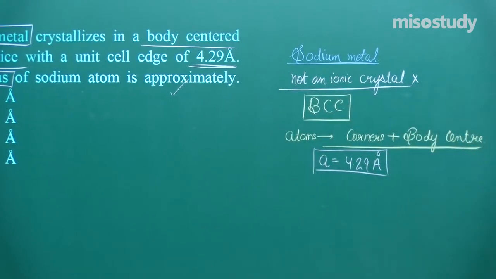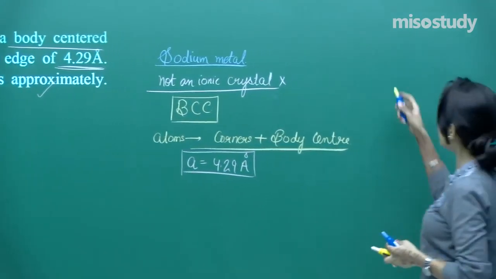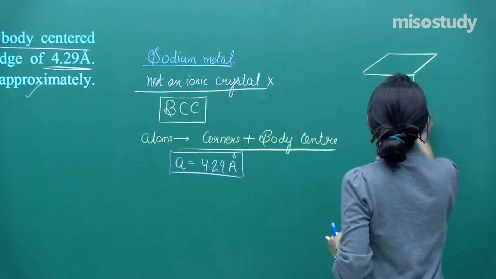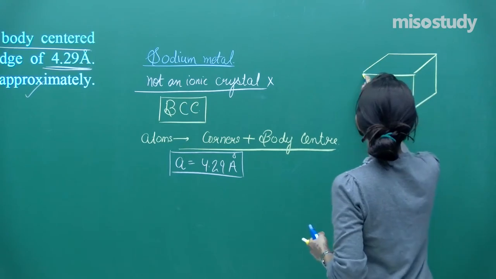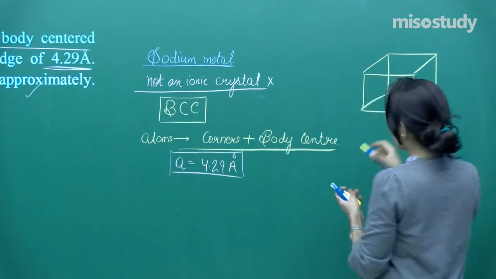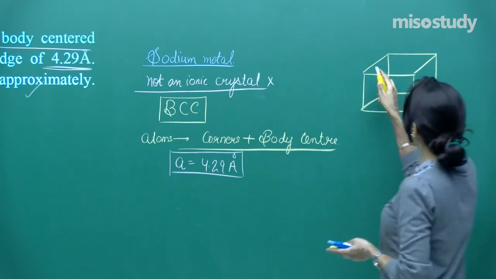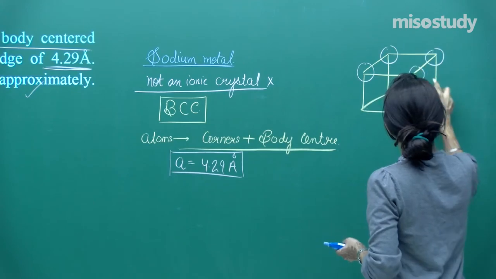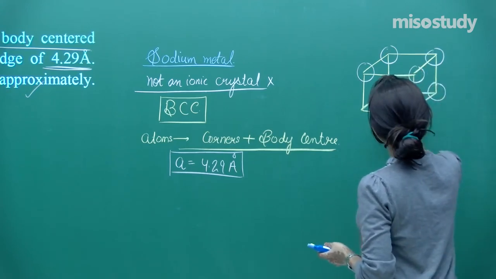Now guys, let me draw the body centered cubic unit cell. So there is a cube which I'll consider. Then all the atoms are present at the corners.